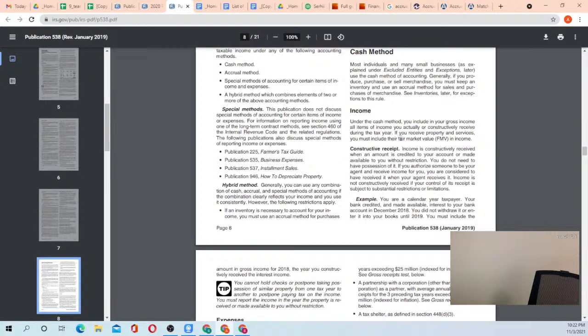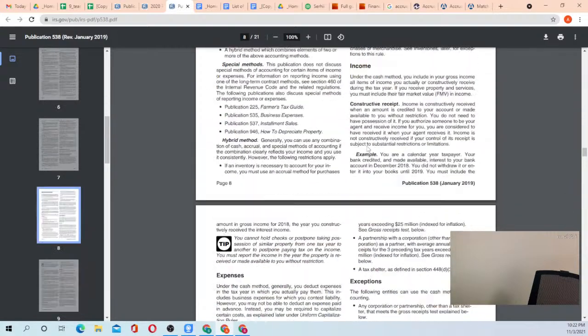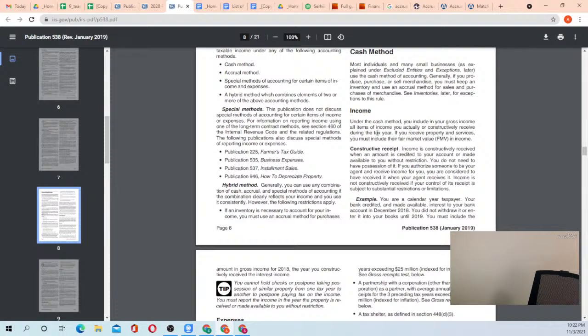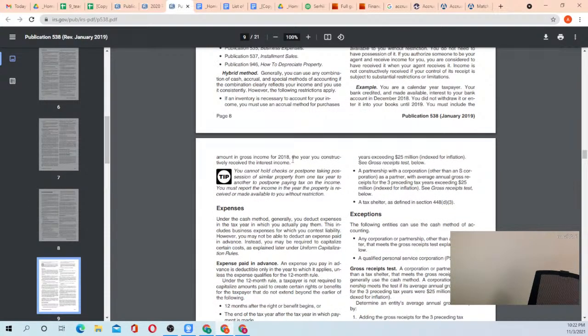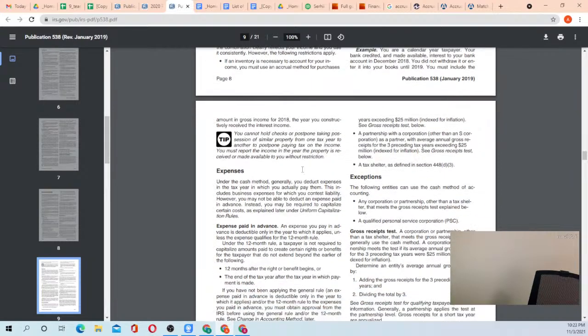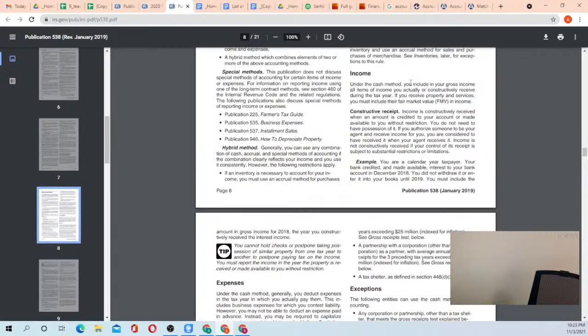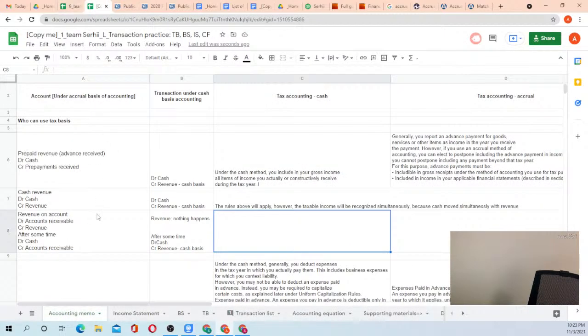Let's go here, income. So under cash basis, under cash method, it's a situation that we recognize income we actually or constructively received during the tax year. We have it here. It's the same wording as here.